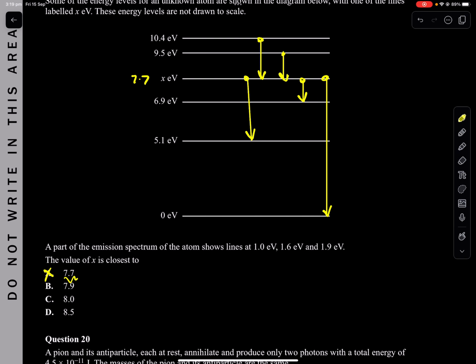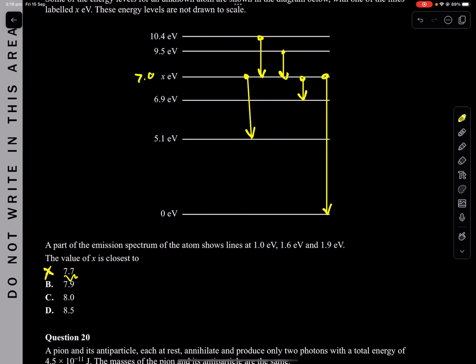What about B? If we sub 7.9 over here now. Let's check. What's 10.4 minus 7.9? That's 2.5. Nope. 9.5 minus 7.9 is 1.6. Okay, we get 1.6, which is one of these. That's good. 7.9 minus 6.9 is 1. Okay, that's good, we also get 1.